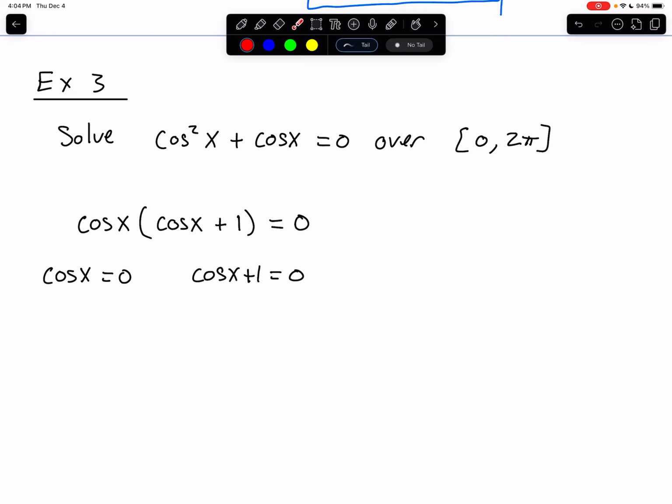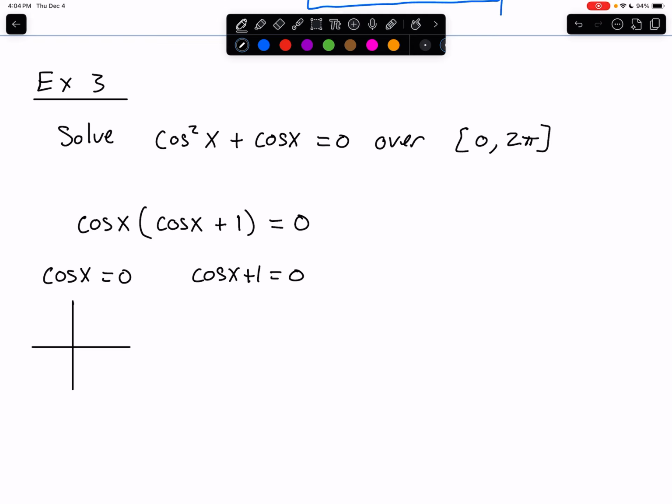Okay, let me deal with the one on the left first. Where is cosine equal to 0? If cosine is equal to 0, 1, or negative 1, that means it's going to be a quadrantal angle, one of those that's on the axes. So I really just want to figure out where my x value is, because cosine is associated with the x values.